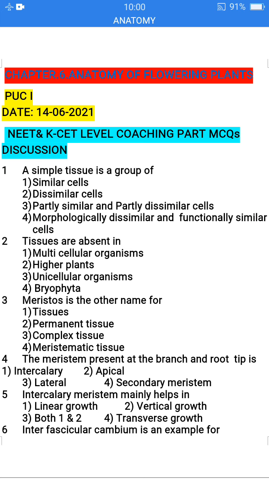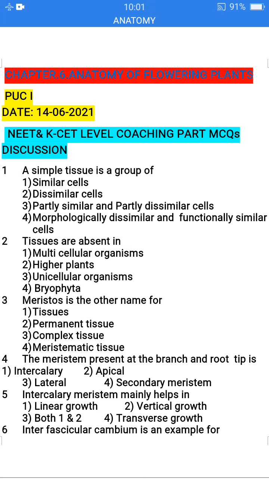Just now we had a discussion. This fourth question is connected to the third question. So tips like root tips comprise root apical meristematic tissue, and tips like shoot tips comprise shoot apical meristematic tissue. Then lateral branches, nothing but axillary buds, comprise apical meristematic tissue. Let me explain in depth.